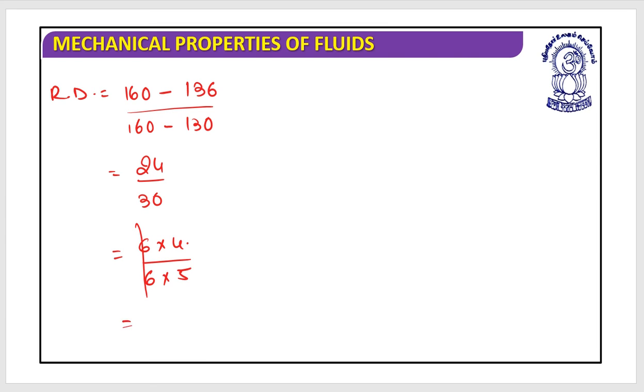As this cancels, this is equal to 0.8. This is the relative density of this oil. I hope this is clear. Is it clear? Are you sure? Do you have any doubts?